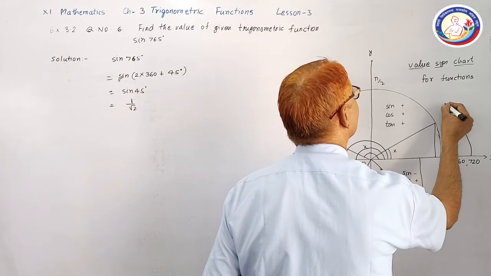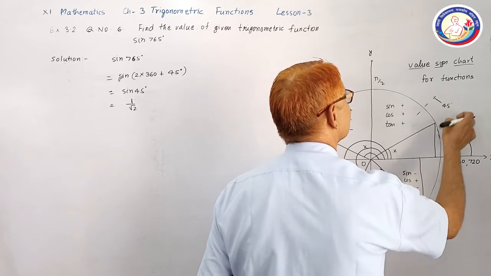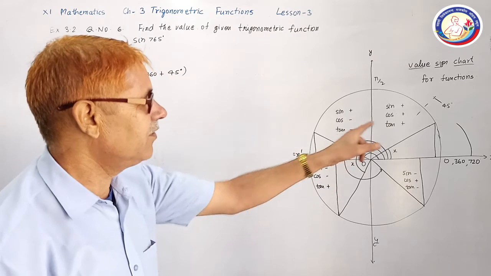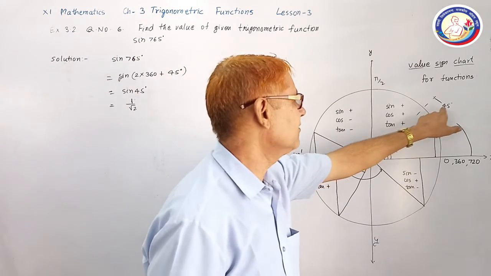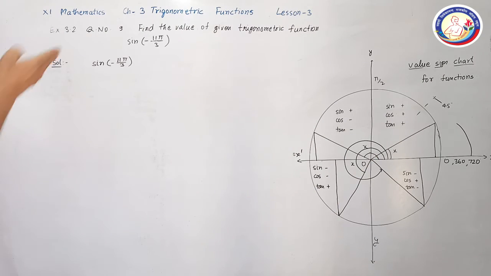Further, it is 45 degrees at this point. So the value of sine 45 is 1 by root 2, and it lies in the first quadrant, so it will be positive. This is the value.